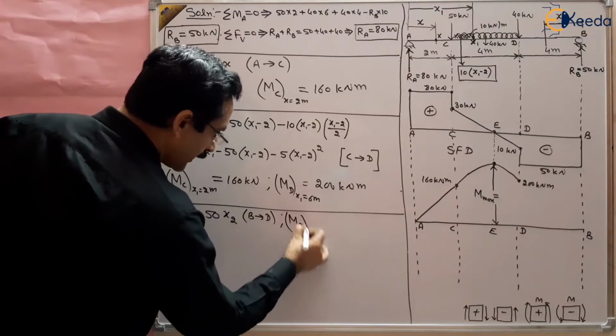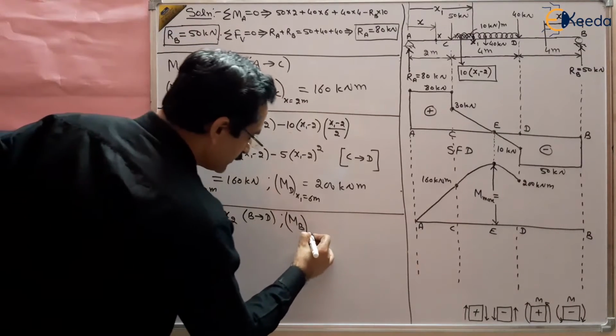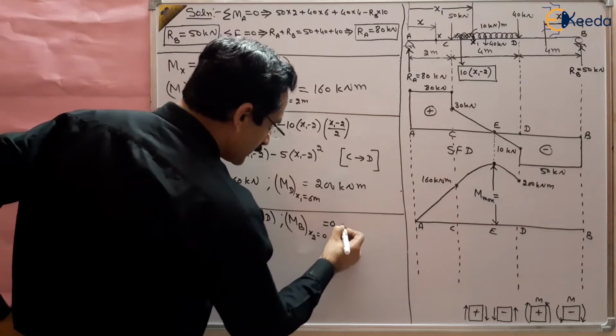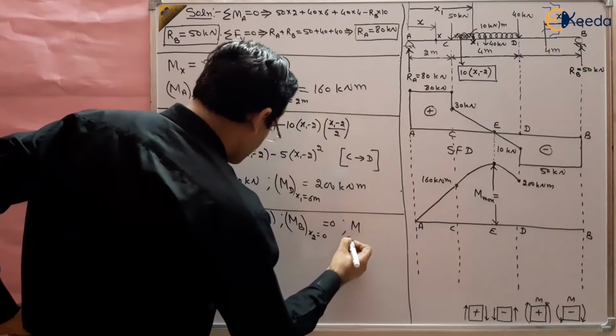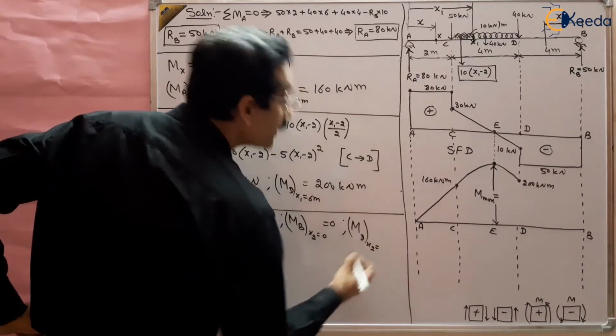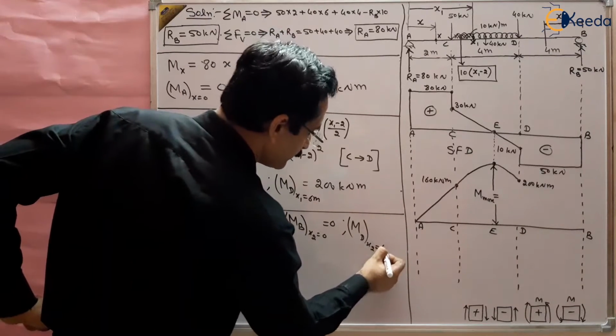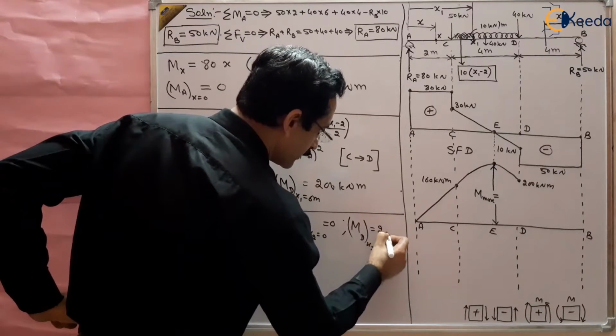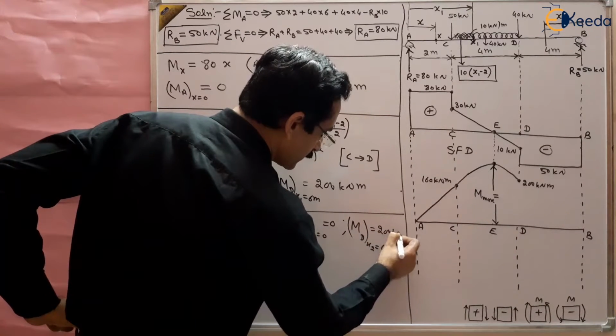At B, the value of x2 is 0. Put 0 here and you will get 0. And at D, where x2 is 4 meters, put 4 and we will get 200 kilonewton meter.